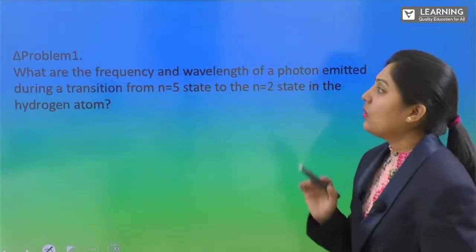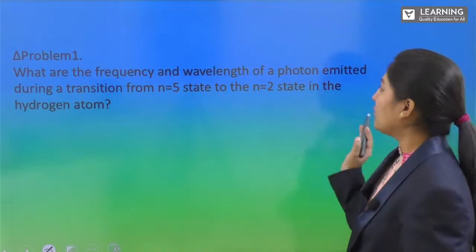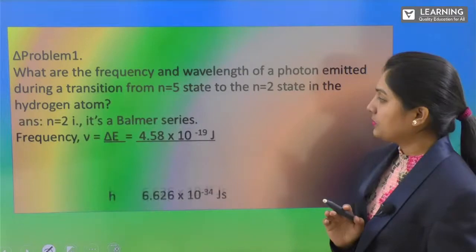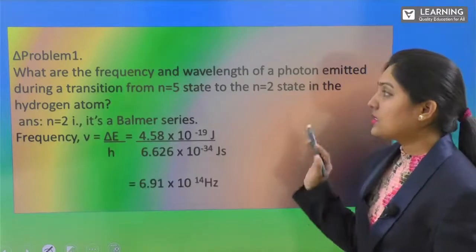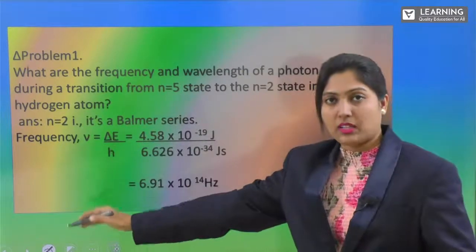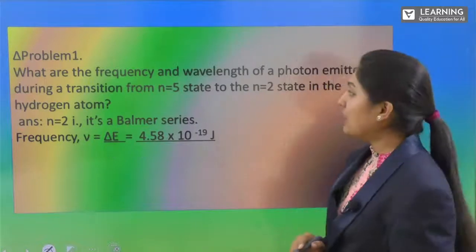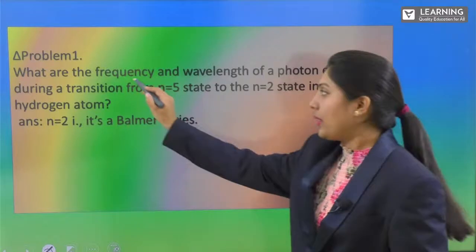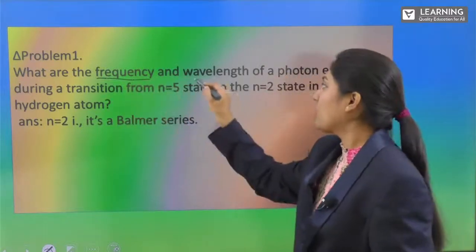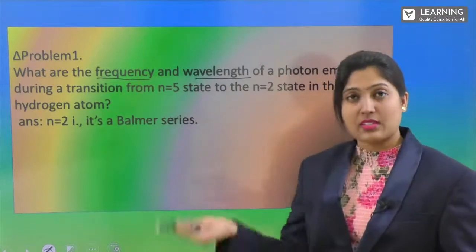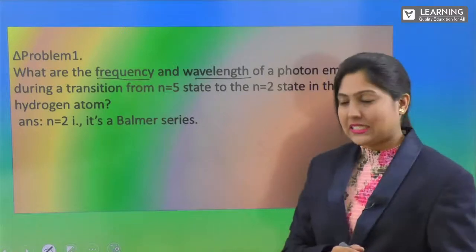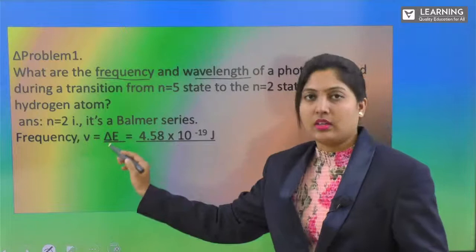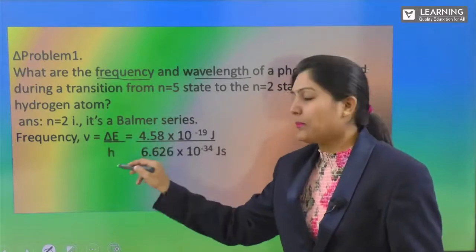Next, what are the frequency and wavelength of the photon emitted? Here we just saw the energy. Now we have to find the frequency, because they didn't ask about the energy, but to know the frequency and wavelength, we need to know the energy. Frequency is equal to delta E by h.